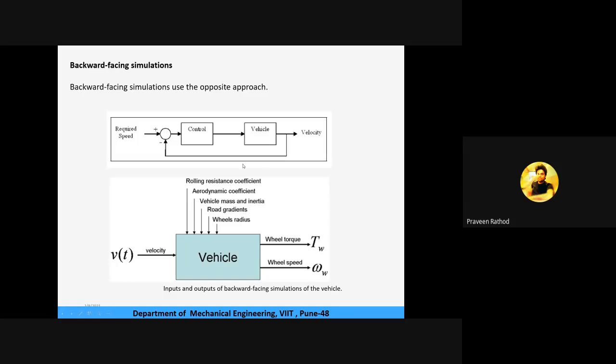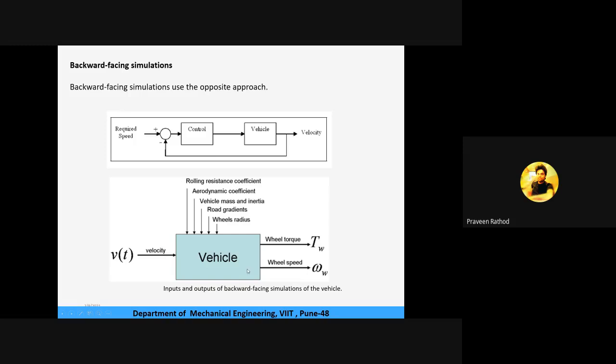The feedback signal goes to the comparator over here, and the controller can be used here to control the vehicle. Whatever the velocity of the vehicle is, that will be measured, and whatever the required speed is, say 50, 40, 60, 70 kilometers per hour, we will achieve it by comparing the actual speed and the required speed. We do that when we use the backward facing simulation approach. So these are some of the inputs and outputs of backward facing simulation of the vehicle.